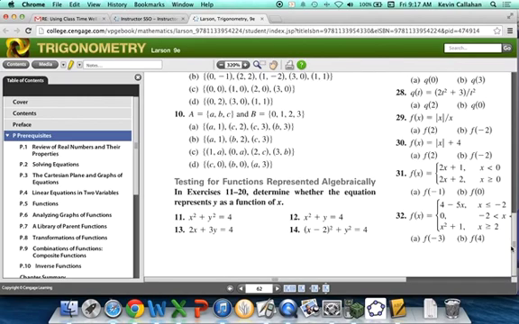How can you tell whether these represent y as a function of x? If the y is squared, actually, not just squared, but raised to any even power, then the last step, when you take the square root or the fourth root or the sixth root, you have to have plus or minus, and now it's not a function anymore.